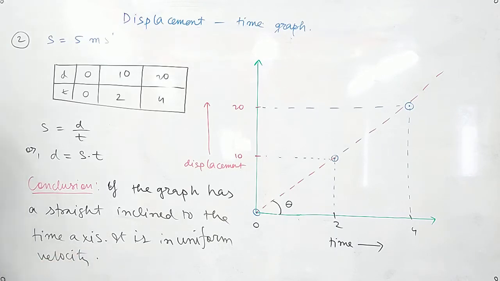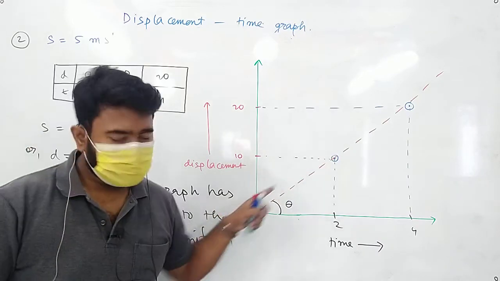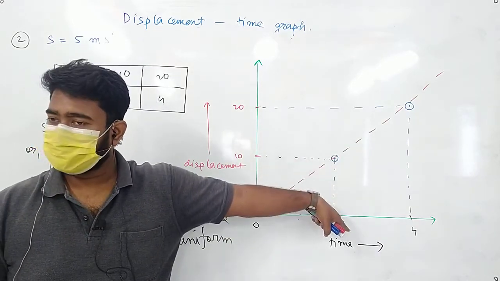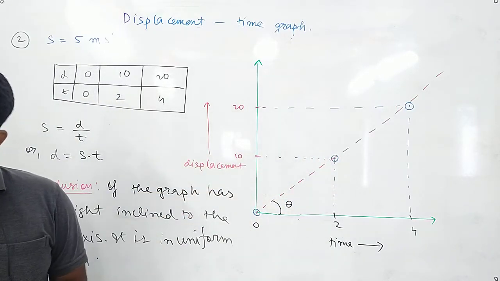Is that clear? So in the displacement time graph, when the curve is a straight line and inclined to the time axis, it is uniform velocity. Okay, is that clear?